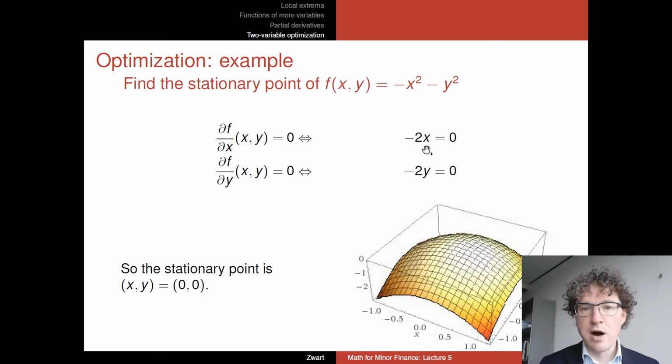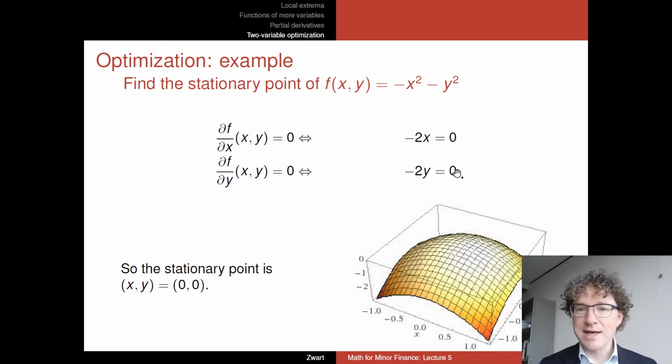So we just get minus 2x as a derivative, and setting that to 0 gives us minus 2x equals 0. That's the first order condition. And similarly, the second first order condition says the df dy should be 0 as well. The first part vanishes if I take the y derivative, but this gives me minus 2y, so minus 2y equals 0.